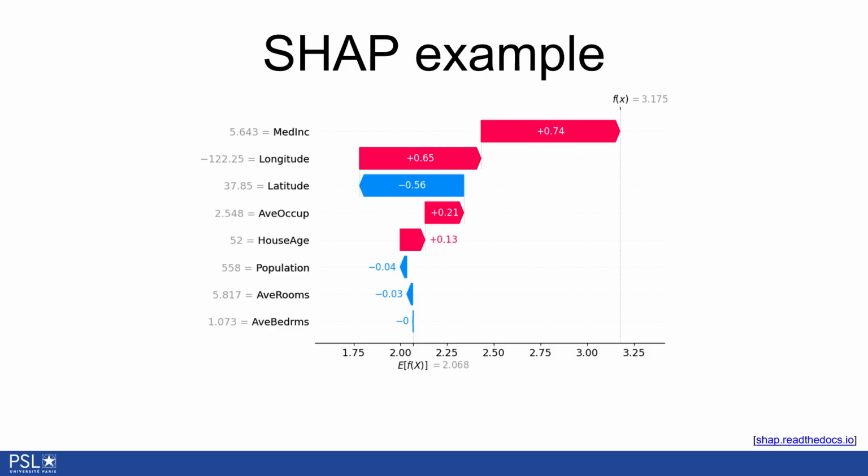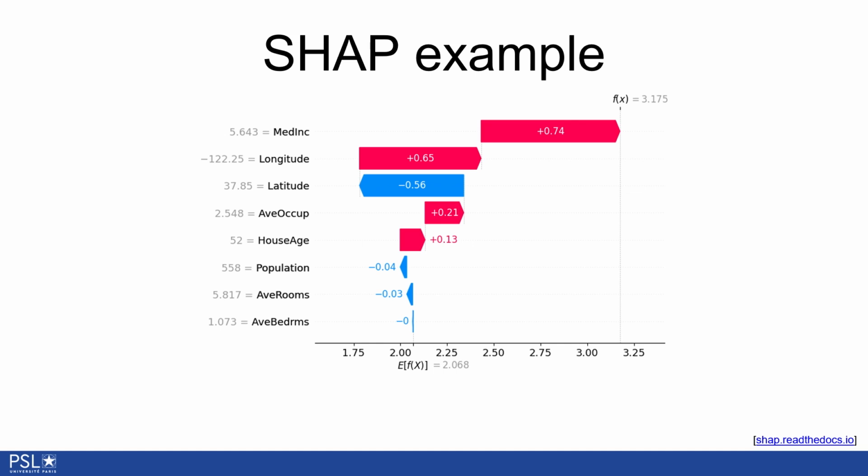Here's an example of the output of SHAP for one given instance in the dataset. For this instance, the output of the model was 3,175, while the average output over the dataset is 2,068.